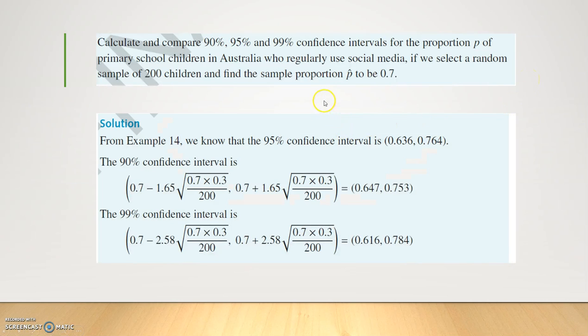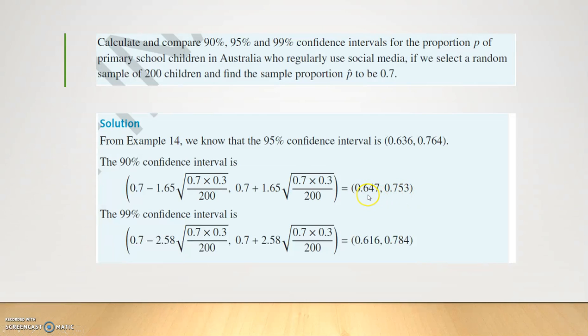Now, this is exactly the same example as the one that we did earlier, and we know from the calculation earlier that the 95% confidence interval is from 0.636 to 0.764. Remember, we said this is roughly an interval of about 12%. Now, for the 90% confidence interval, using a k value of 1.65, we find that our confidence interval is 0.647 to 0.753.